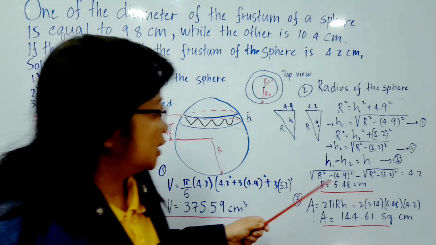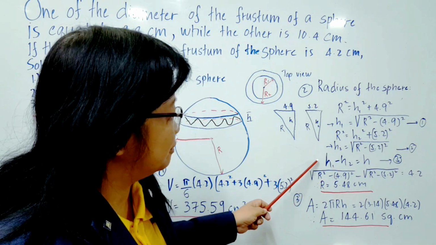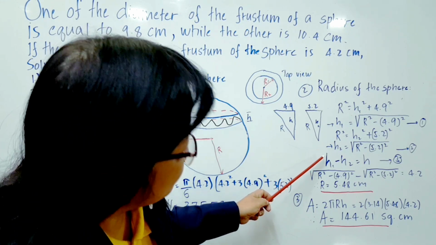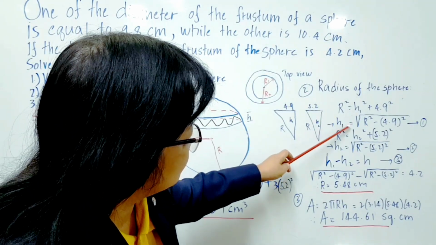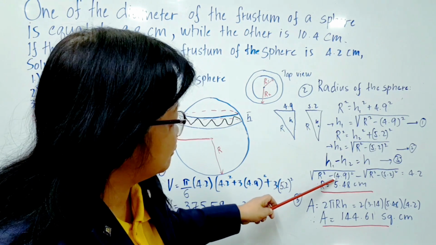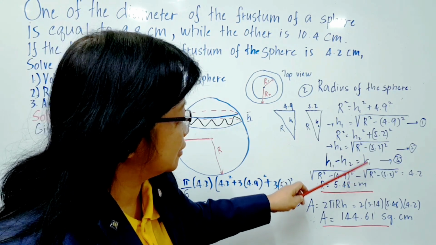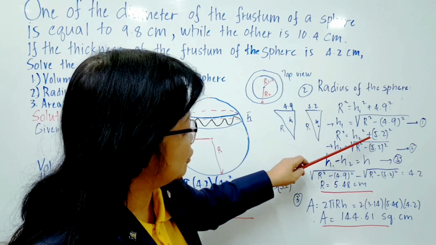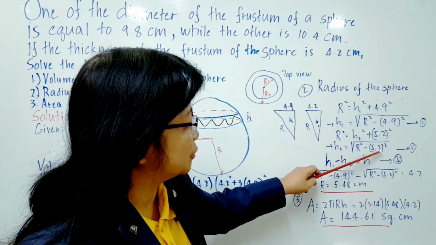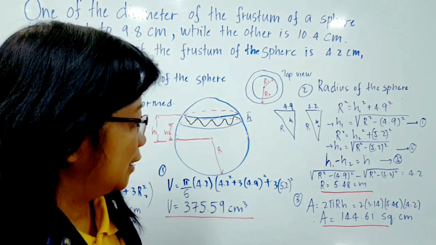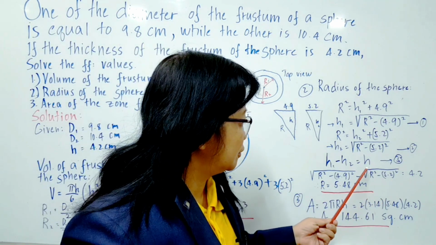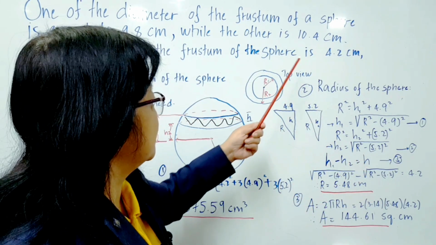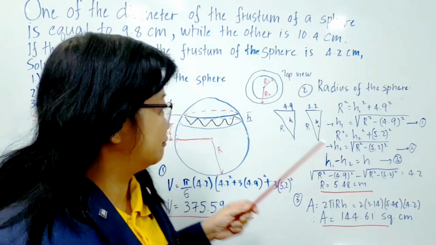Therefore, substituting the value of h1 and h2, the square root of R squared minus 4.9 squared, minus the square root of R squared minus 5.2 squared, is equal to h, which is given to be 4.2, the thickness of the frustum of the sphere.